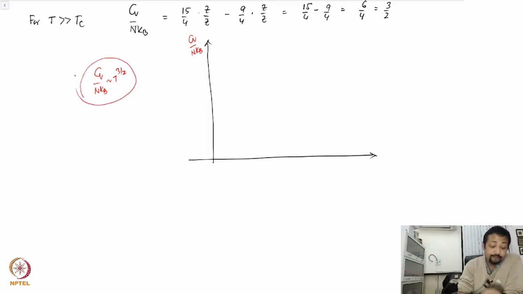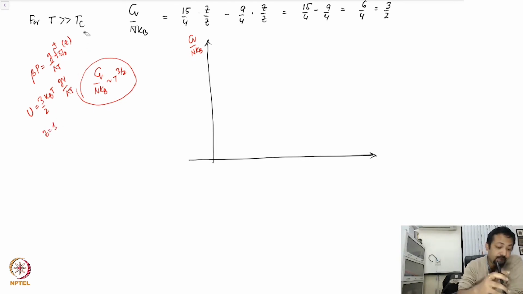If you have forgotten how we got this result, beta p was g over lambda T f_{5/2}(z), and from this we calculated u as 3 by 2 kB T gV over lambda T f_{5/2}(z), and we substituted z equal to 1 for T less than Tc, which gave us zeta 5 by 2.